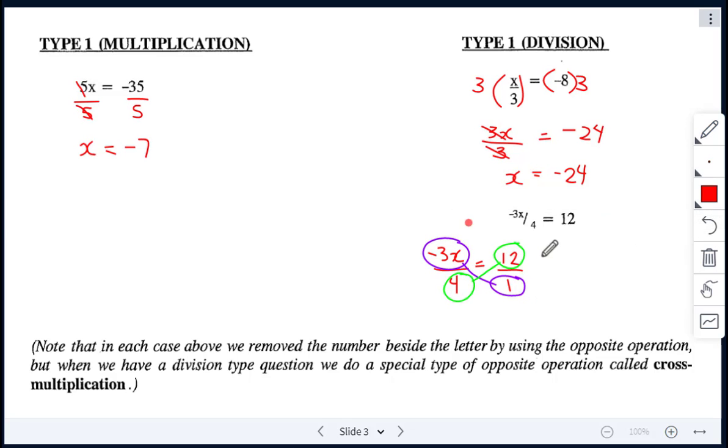So multiplying negative 3x times 1 gives me negative 3x is equal to 12 times 4, which is 48. Now we're left with negative 3x is equal to 48. And now we're going to divide by negative 3 on both sides to get x. So negative 3 divided by negative 3 is just the 1. So we're left with x is equal to negative 16.